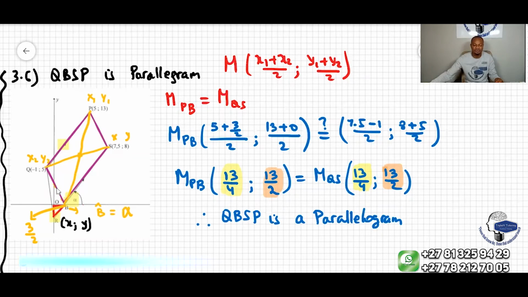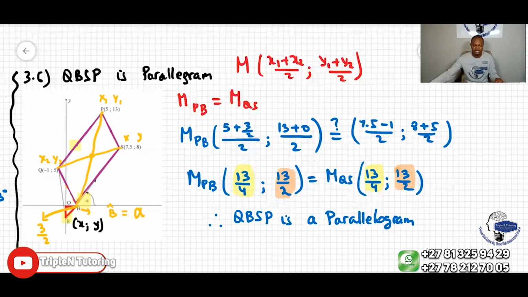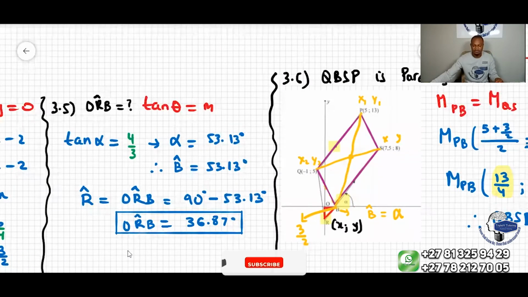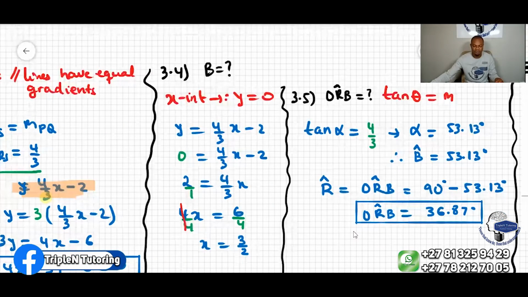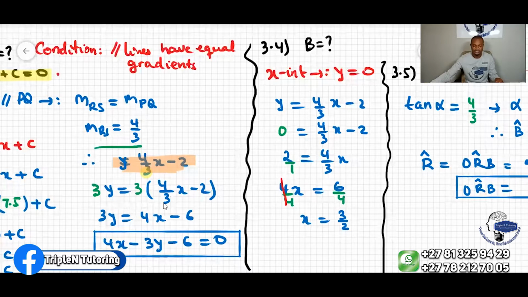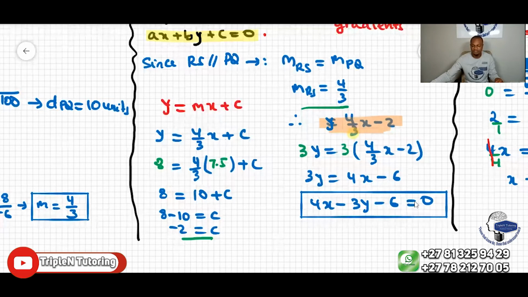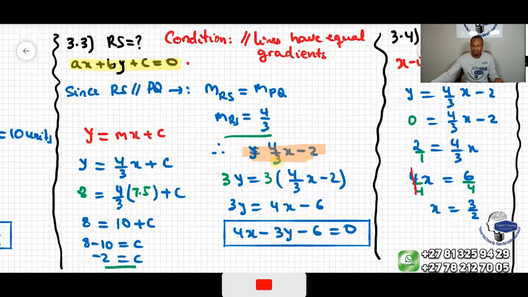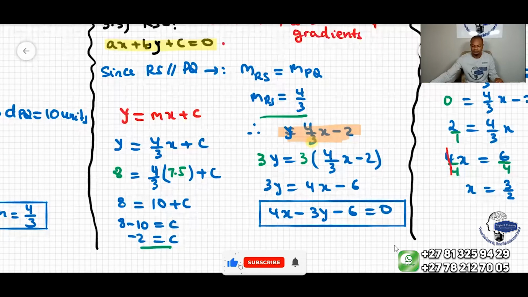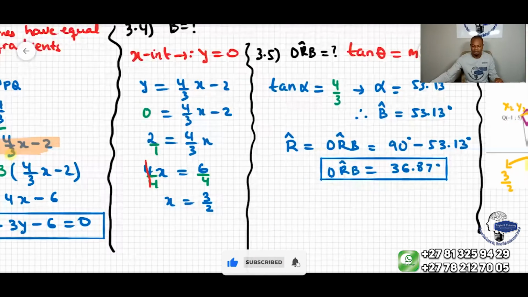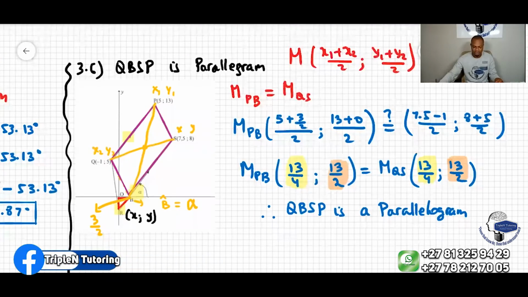We already worked out the gradient of QS. It was 4 over 3. Check the previous work: when we worked out the gradients, it was 4 over 3 there. We can see it there, or here, the gradient of QS is 4 over 3.